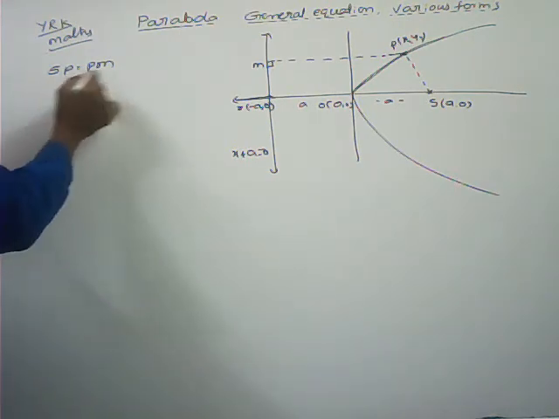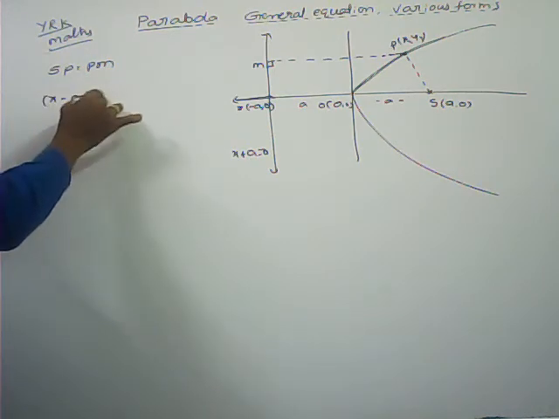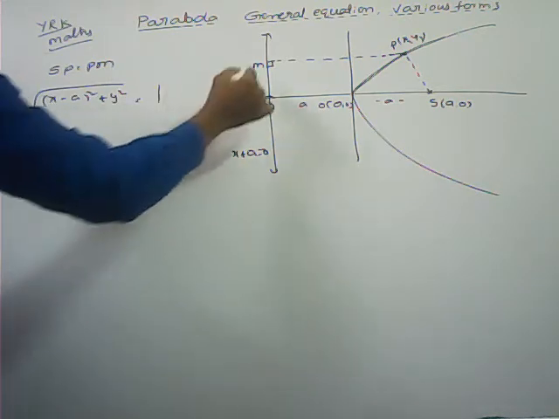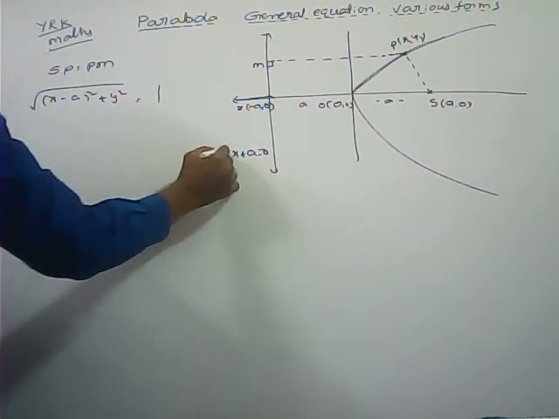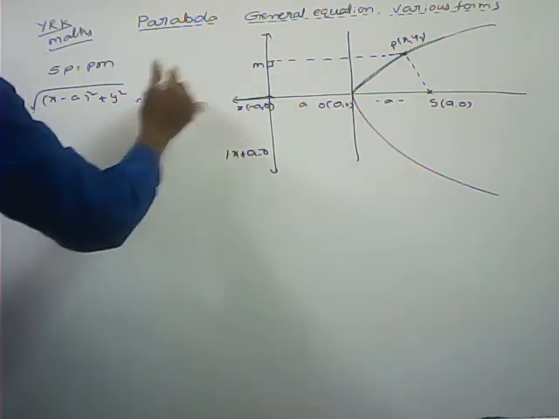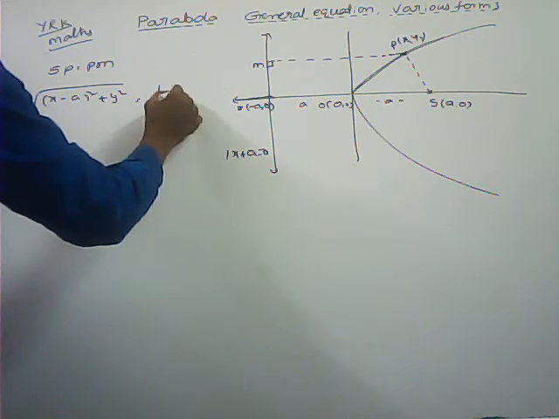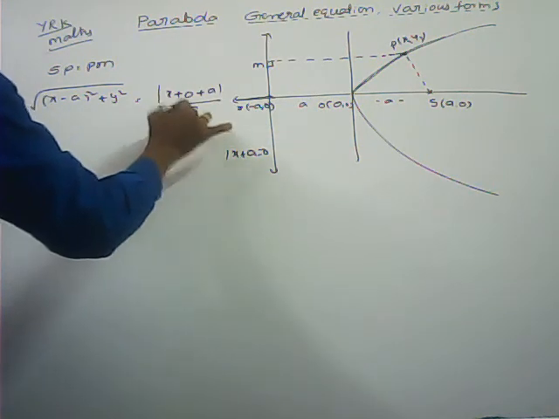What is the distance between these two? The square root of (x2 - x1) whole square plus (y2 - y1) whole square, equal to the perpendicular distance from the point to the line, modulus of (a x1 + b y1 + c) by root of a square plus b square, where the y term is not there.